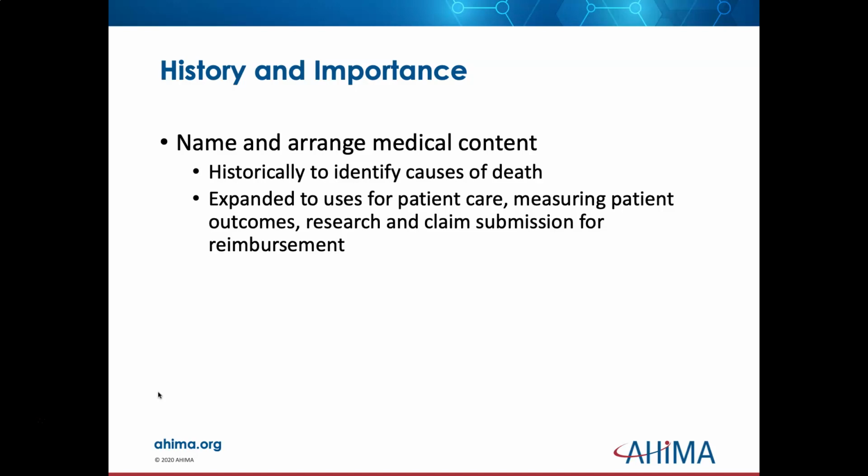They really didn't have much data specifically for public health, but also for just basic statistics that we take for granted today, vital statistics, births, deaths, those types of things. They knew people were dying, but they wanted to identify causes of death. So that's really where this started coming in. And then from there, it expanded to being used for patient care, measuring patient outcomes, research, and claim submission for reimbursement. But again, it was initially for cause of death.